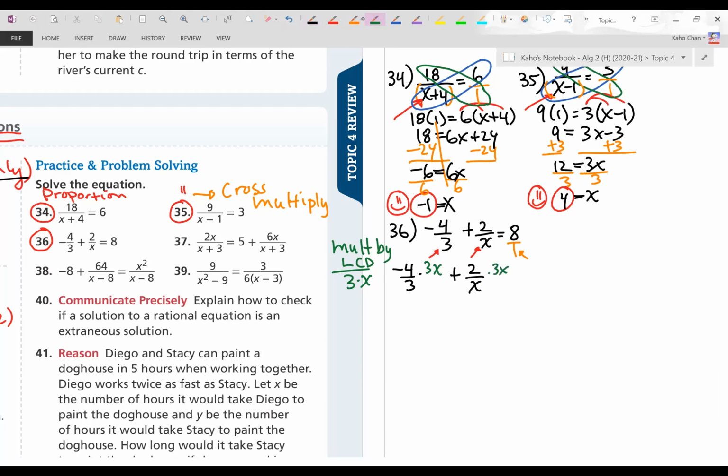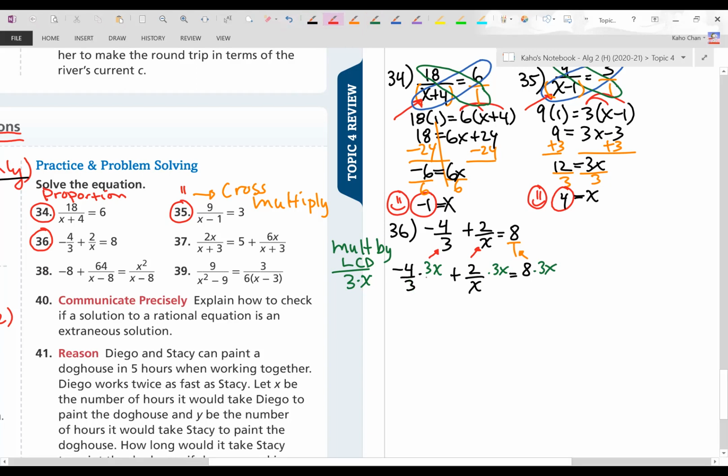This is a different technique from the last section 4-4. The last section was finding a common denominator. Here, we're multiplying by the LCD. On the other side, you got to multiply that by 3x as well. The point of multiplying every fraction by 3x, the LCD, is so things can cancel. Notice in the first half, 3's cancel right there.